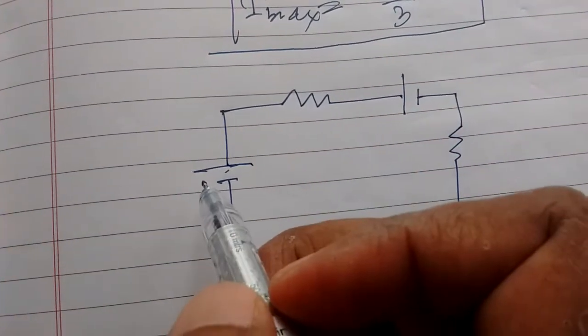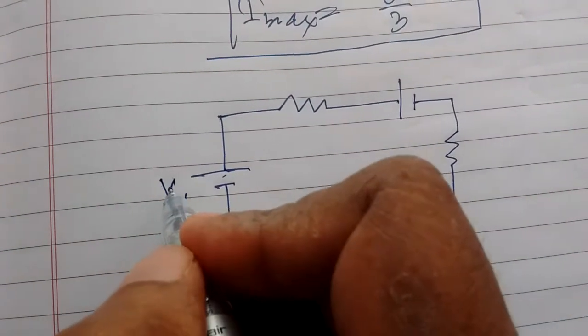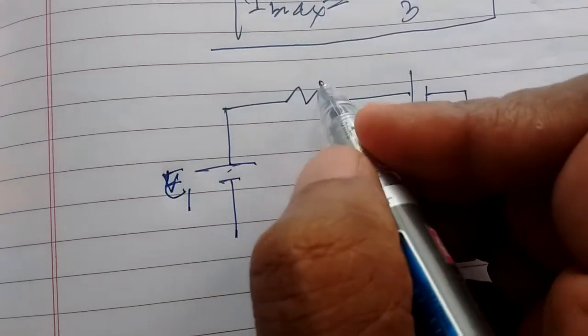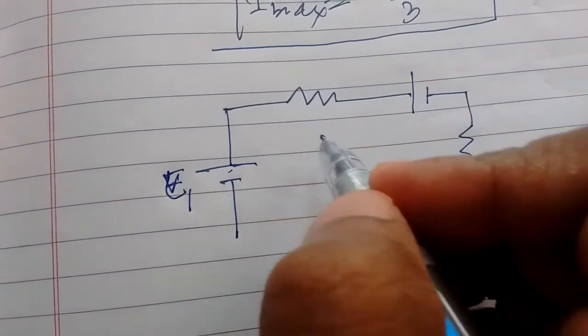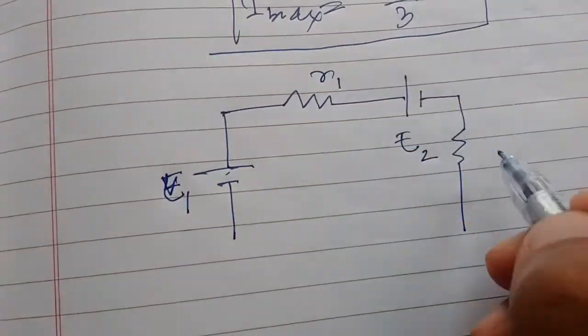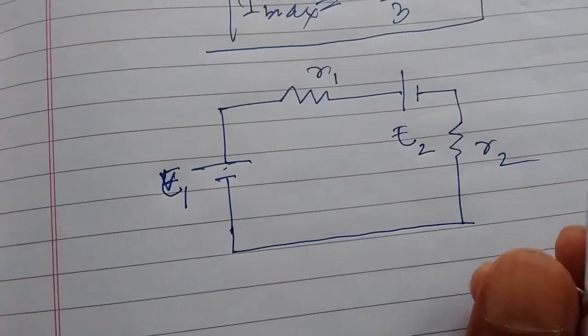But we are putting only voltage batteries and resistors. This one is E1, potential drop. Okay, let it be E2. And this is resistor R1. This is resistor R2. This is the complete circuit.